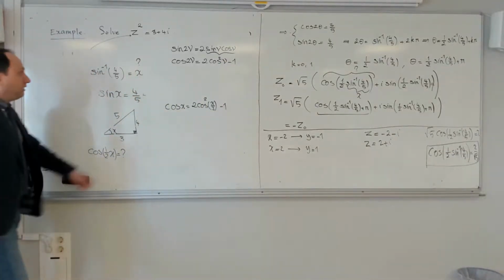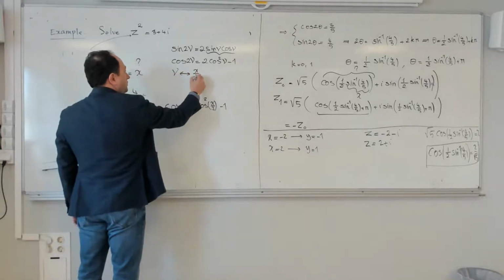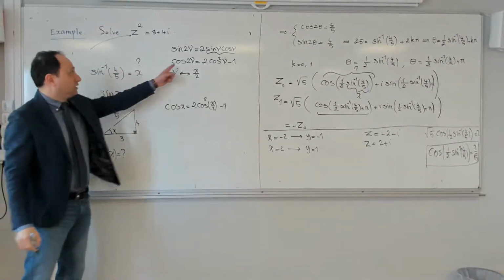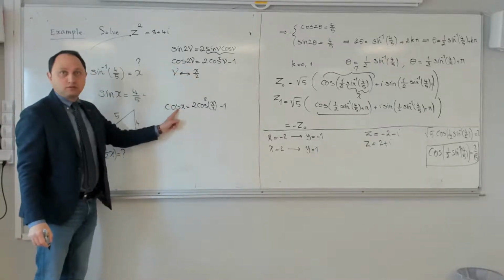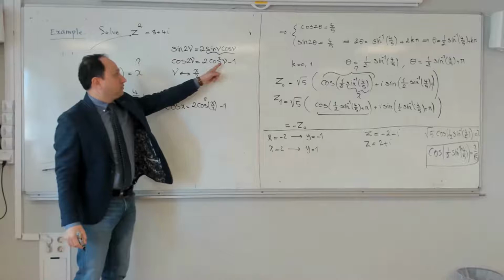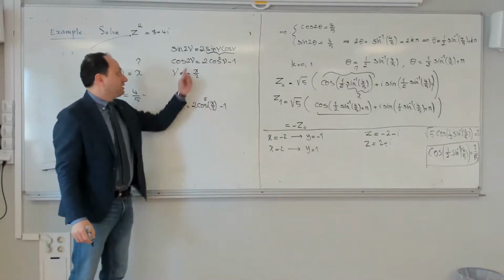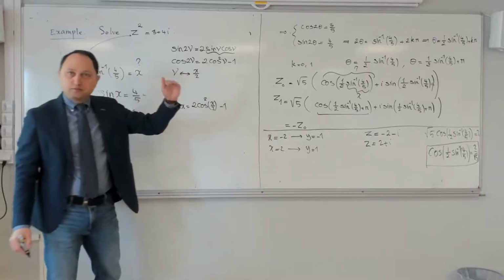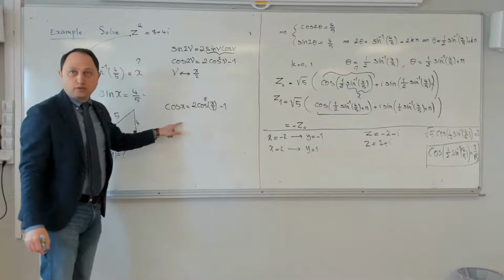But now look, instead of nu, you can replace it with x over 2 in the second equation. Then 2 times nu becomes x. And instead of nu, I am putting x over 2. This relation is actually the formula that you have studied in chapter 2, but I am just replacing the angle with x over 2, and I get this.